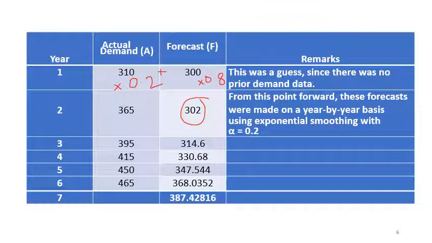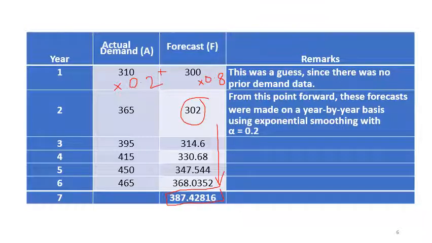That's all. Correct? So this is how you get 387 here. How do you get it? Again, you have to calculate all these values one by one using the same expression.